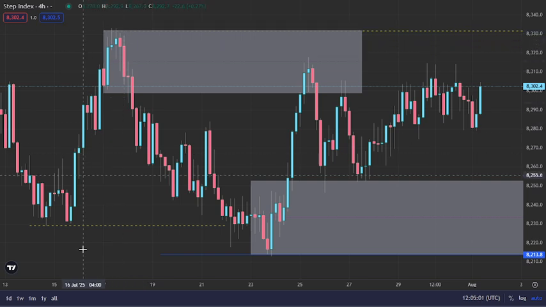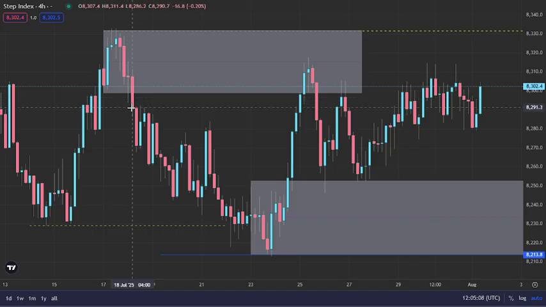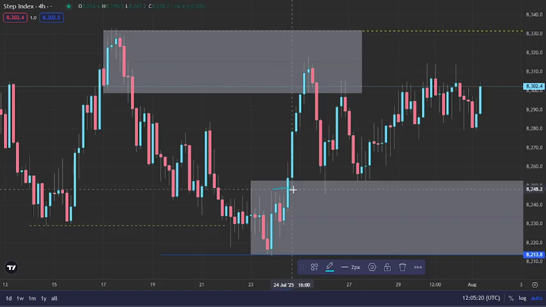Wow, looking at this, this bullish move actually closed above all the highs. Here I think, okay, so here is a bullish market structure. This one failed to close above the previous candle's high.